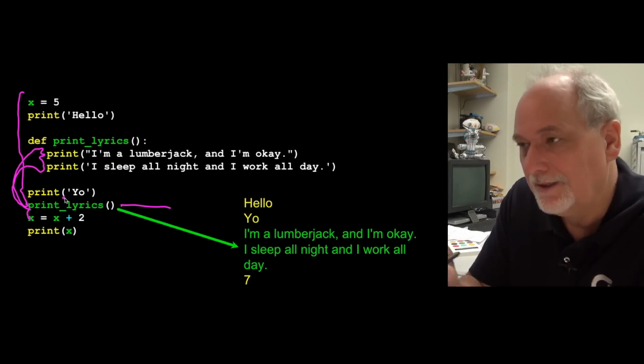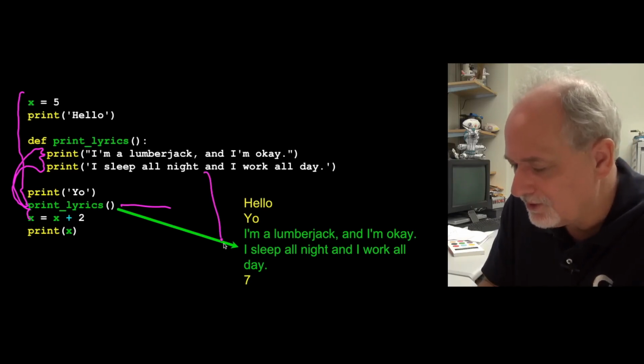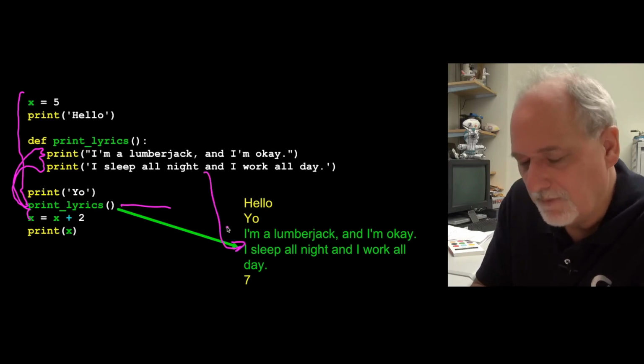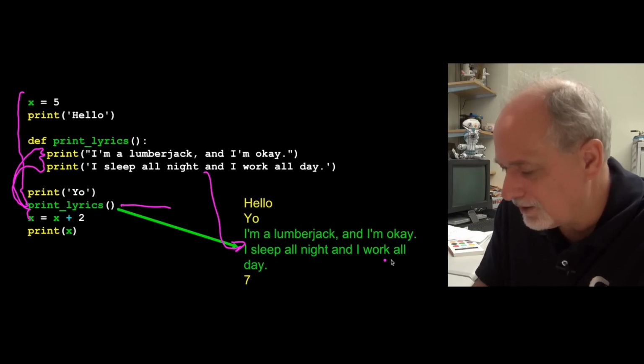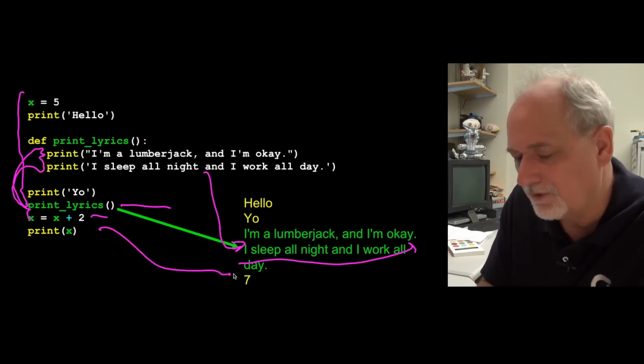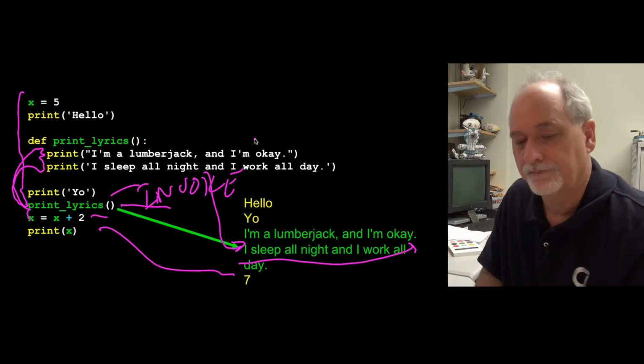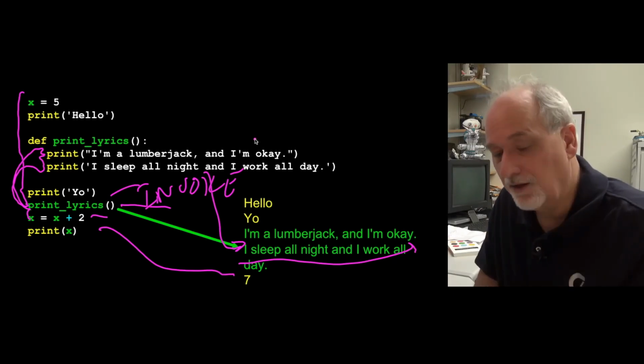So it leaves a breadcrumb of where it's supposed to come back to, and then it runs, and the print_lyrics produces the 2 lines of output. Then x equals x plus 2, which makes it 7, and then prints out 7. Okay, so this is the invoke, or call the function. You defined it, and then later you called it.